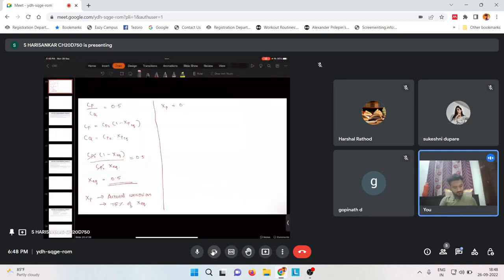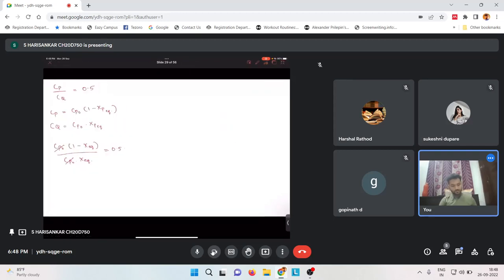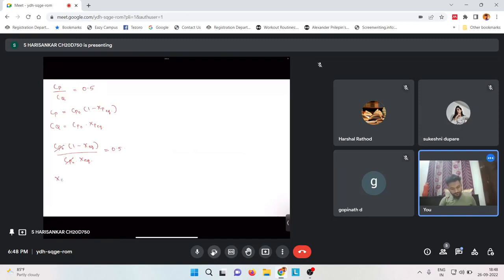A small calculation mistake on my part. Okay, so solving this, the X equilibrium will be 0.667, or approximately 2 by 3.